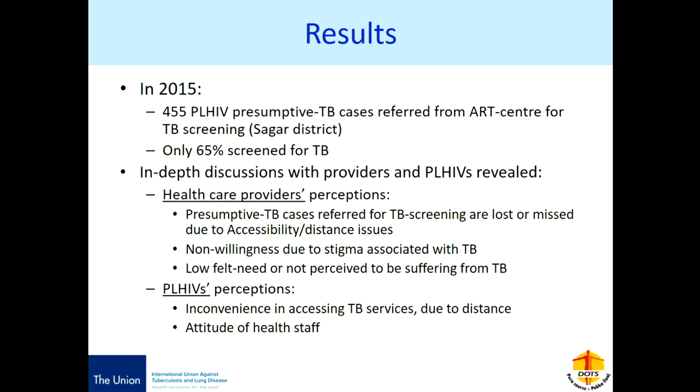However, the PLHIVs, on the other hand, felt that the attitude of the health staff was not proper, and the distance was inconvenient for accessing the services. So that was the reason that these people were not reaching for accessing the services.